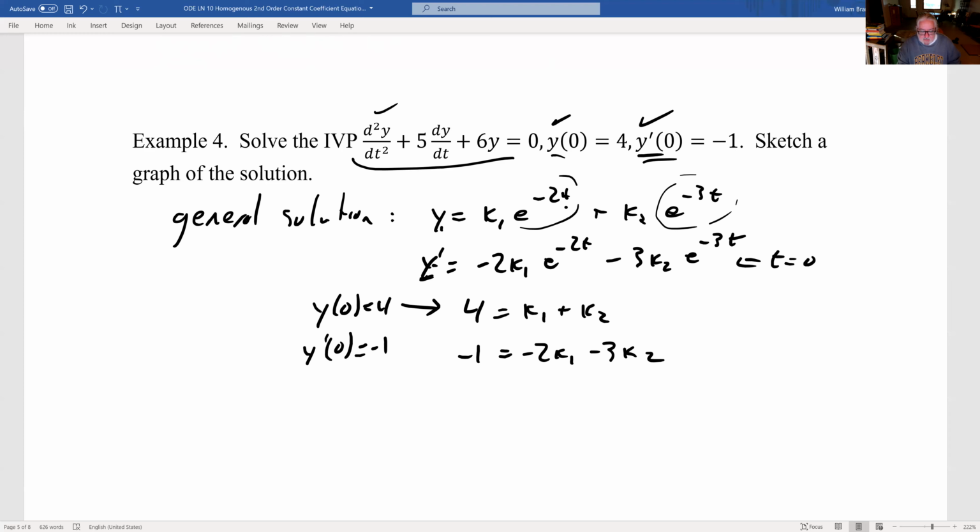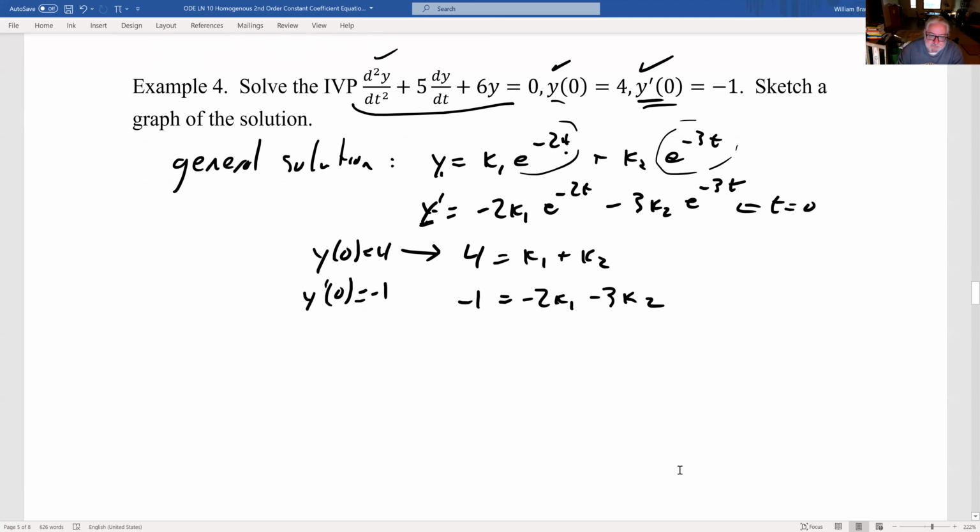And great, we know how to solve these things now that we've done a little linear algebra. We'll multiply the top one by 2: 2k1 plus 2k2 equals 8, and minus 1 equals minus 2k1 minus 3k2. If I add them together, I get 7 equals minus k2. So k2 equals minus 7.